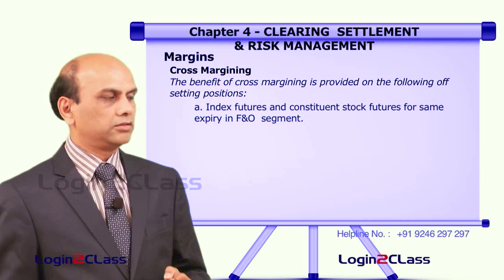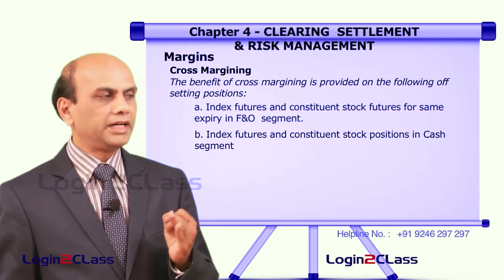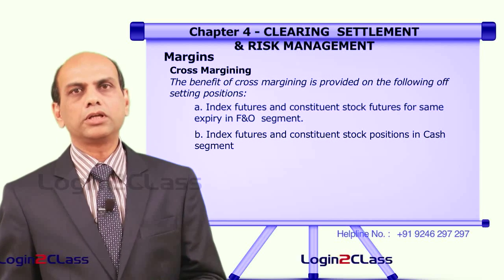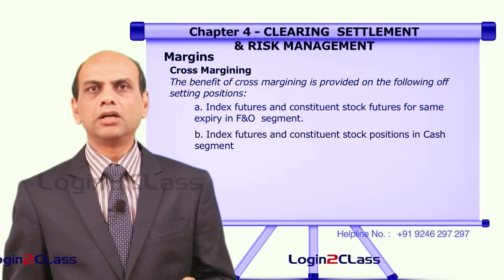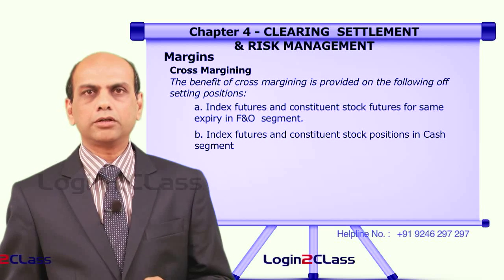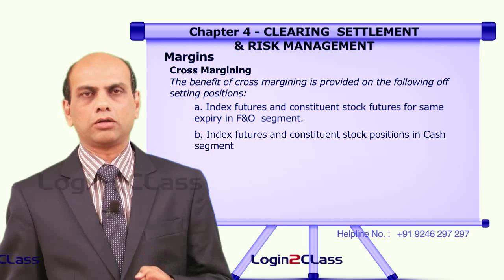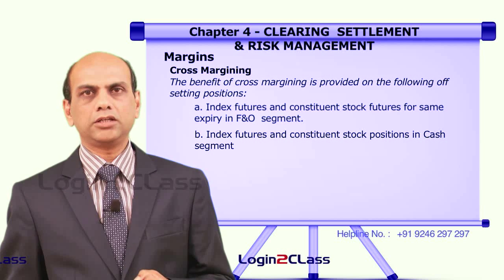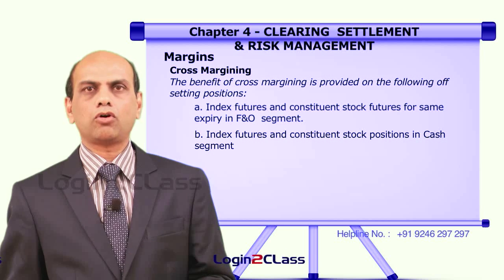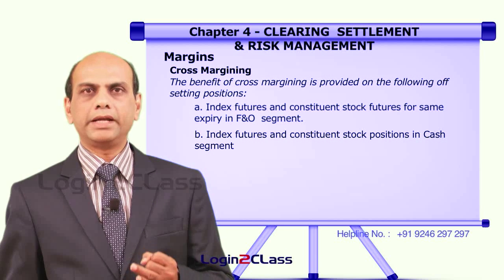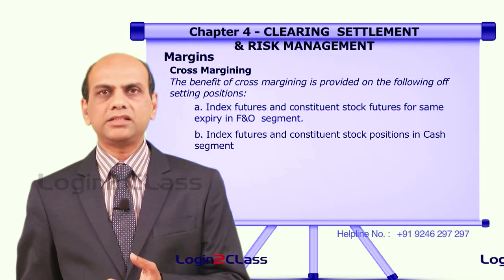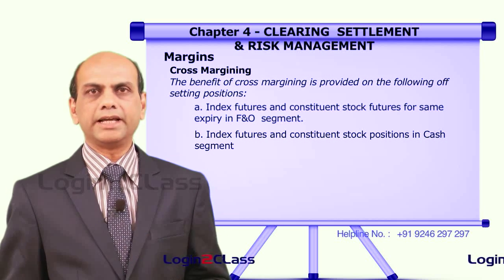The second category: positions taken on index futures and constituent stock positions in the cash segment. Here, instead of taking a short position in the futures segment of the constituent stock of the index, he is taking a position in the cash segment of the stock constituent of the same index. That means, let us say Nifty is the index and ITC is a component of this particular index.